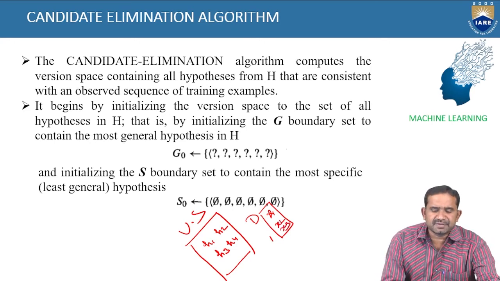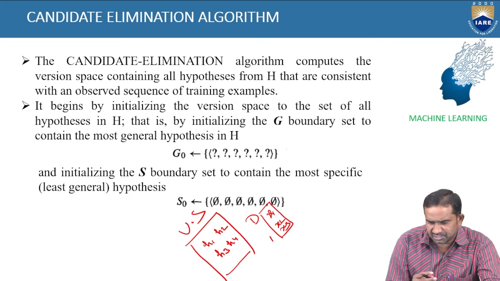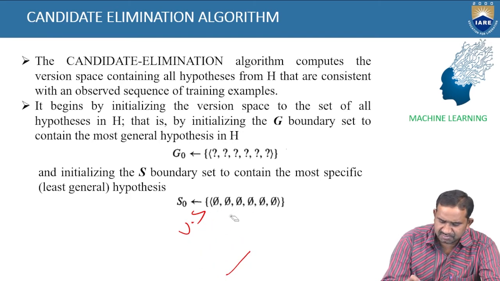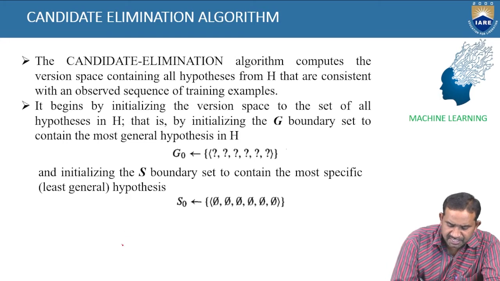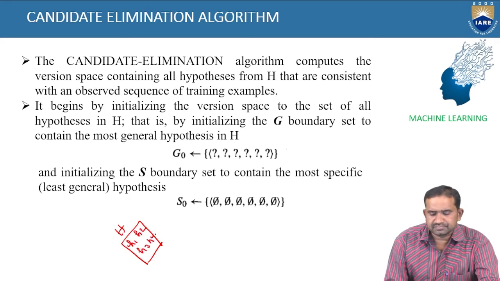The candidate elimination algorithm begins by initializing the version space with the set of all hypotheses H. Here H contains the set of hypotheses H1, H2, H3, H4.